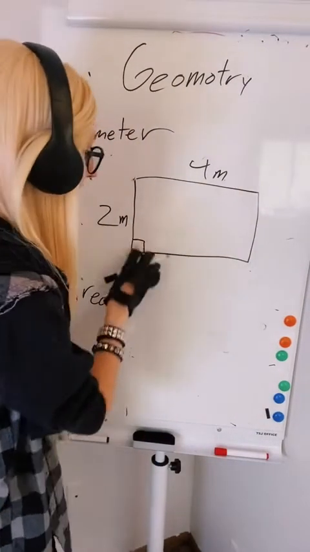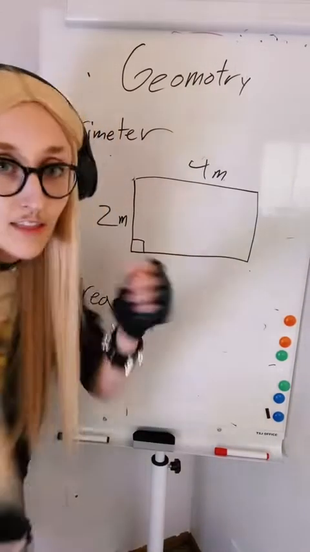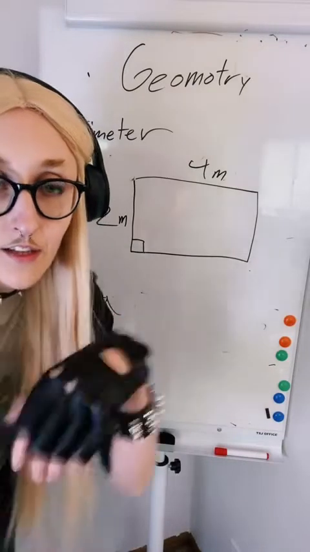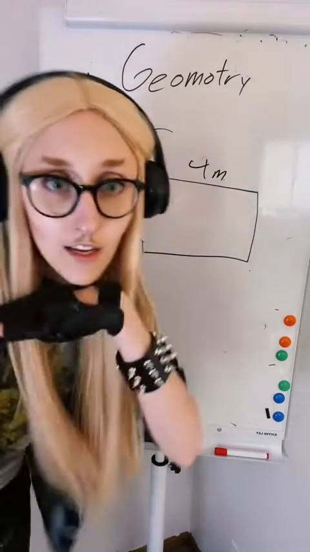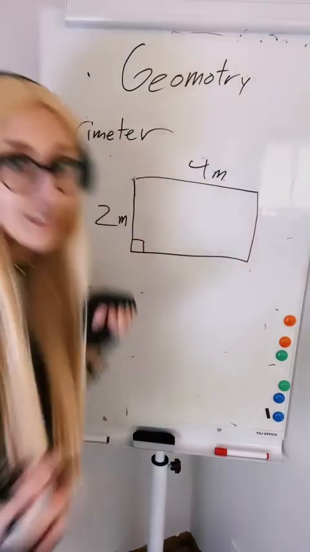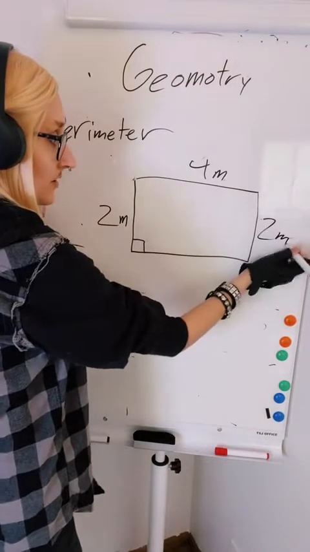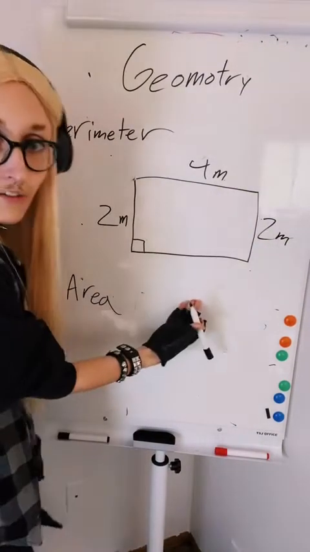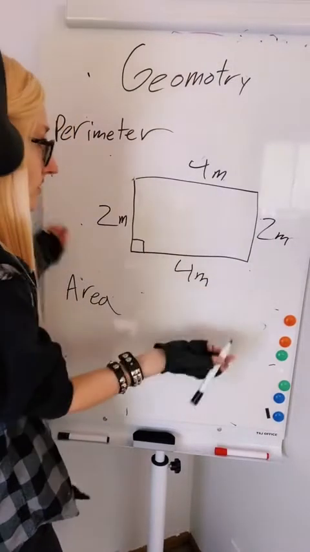Because I know this is a rectangle, I know that the opposite sides are equal to each other. That is a property of a rectangle. The opposite sides are congruent. They are the same. So if this side is 2, I know that this side is 2. If this side is 4, I know this side is 4. My opposite sides are congruent.